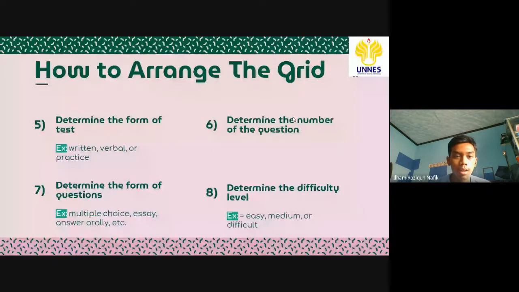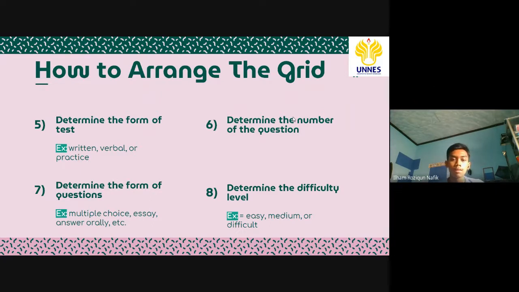Okay, next is determine the form of test. So we must determine the test will be written, verbal, or practice, or other form of test. And next is determine the number of the questions.